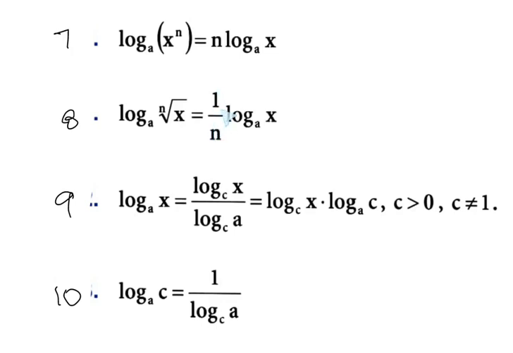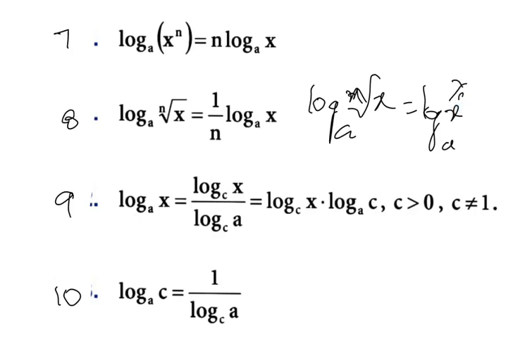We should write, because we know that log base a nth root of x, nth root of x means log base a x^(1 by n). This x^(1 by n) power should be taken before, and 1 by n log x base a.